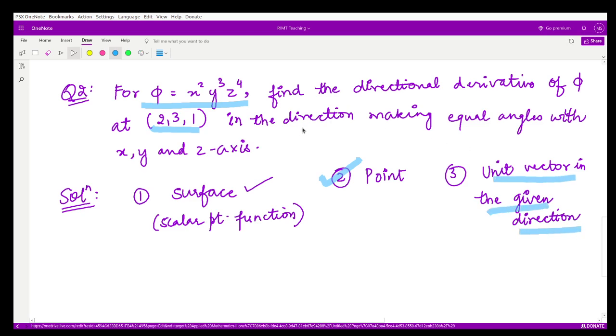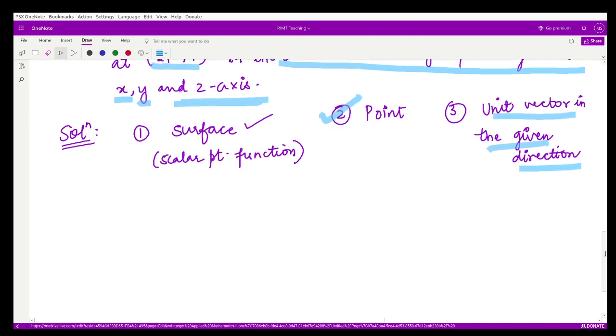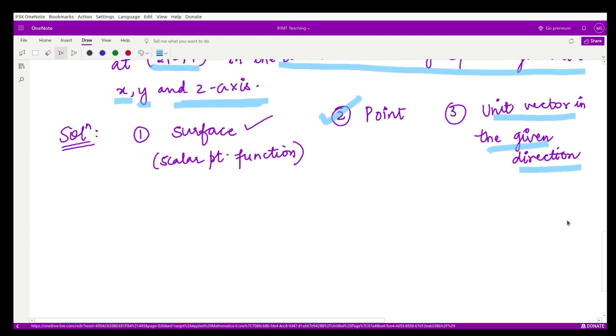Actually, the direction is also not given exactly. They have just told you direction making equal angles with x, y and z axis. So here you have to do some mathematics and you have to firstly compute this particular direction, and then you will find what is the unit vector in that particular direction.